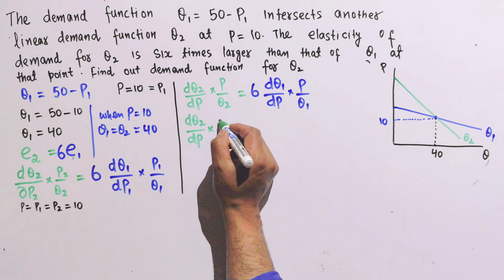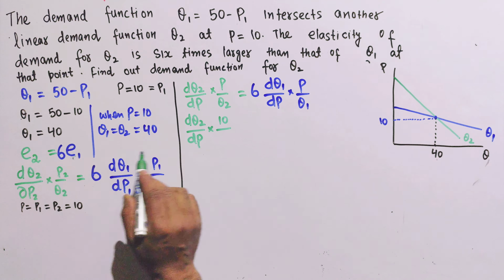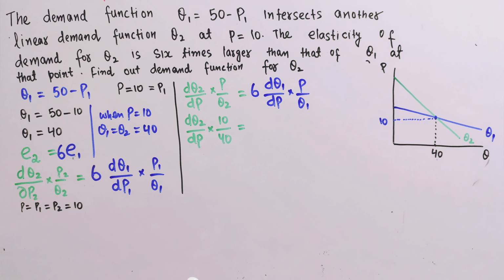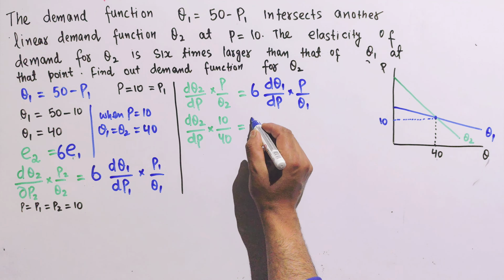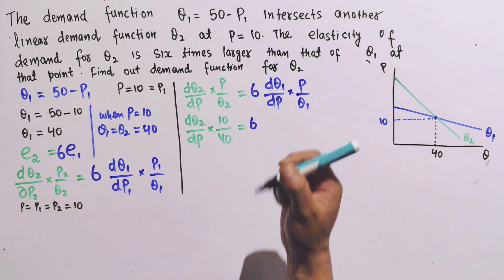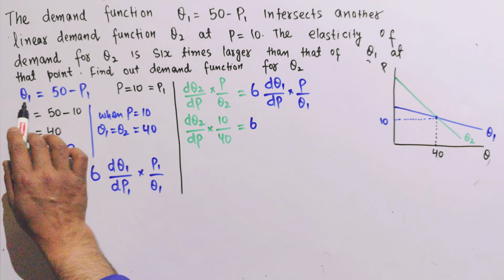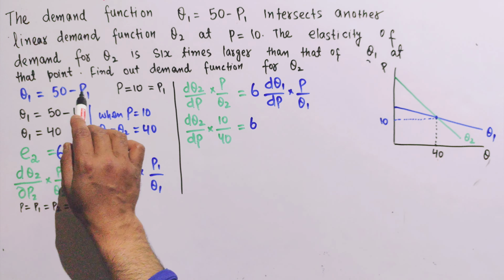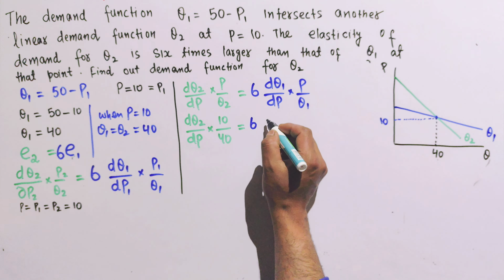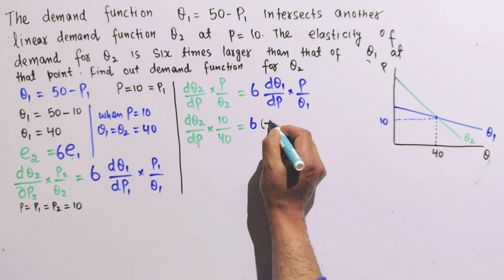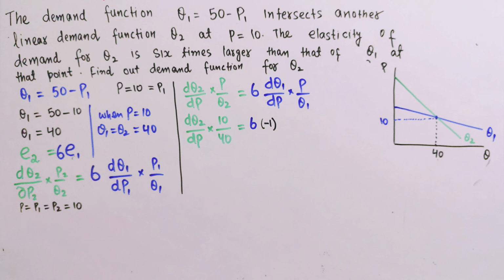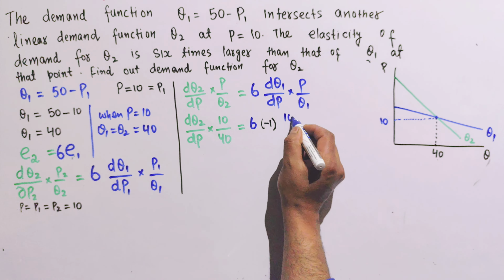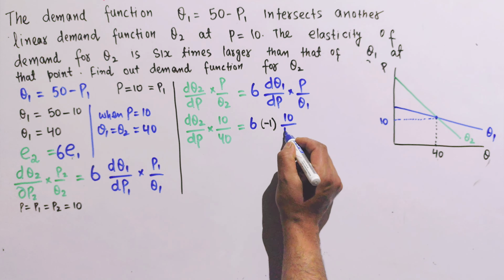P is equal to 10 divided by Q2 is equal to 40, should be equal to 6 times dQ1 upon dP. That means the derivative of this demand function with respect to P1. The derivative of P1 will be 1, and we are left with minus 1. So we have minus 1 times P, again P is 10, so 10 upon Q1 is again 40.